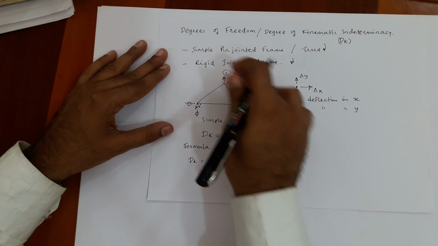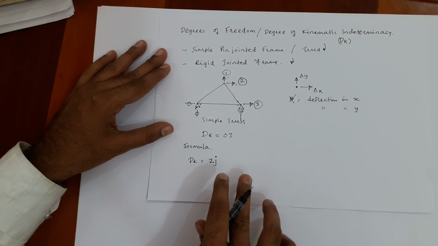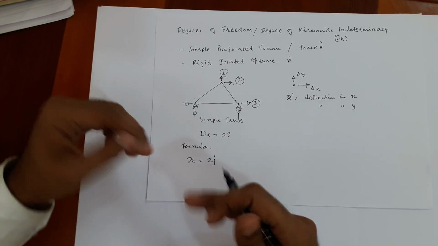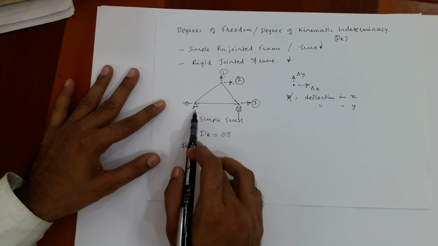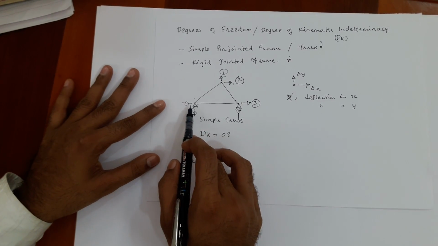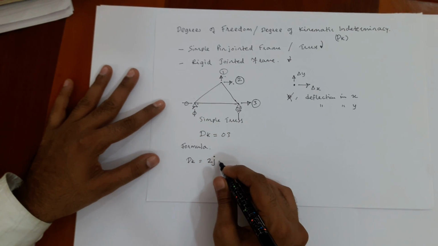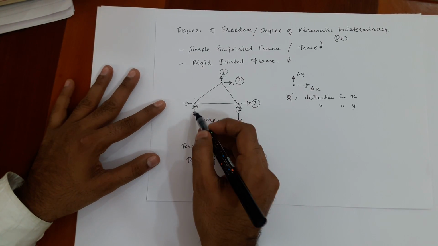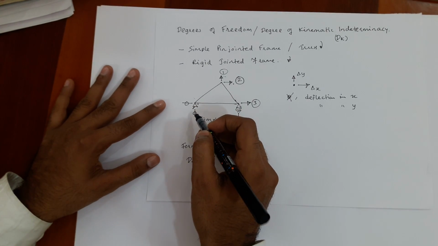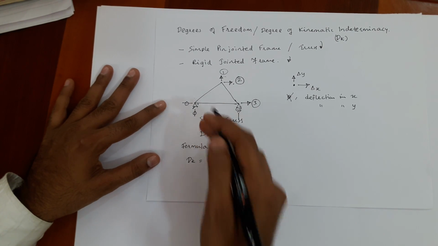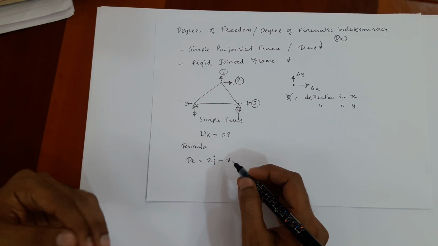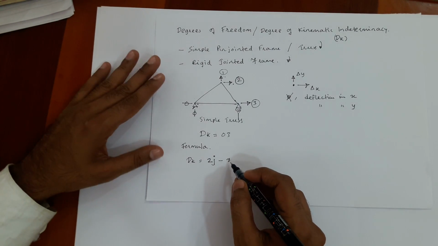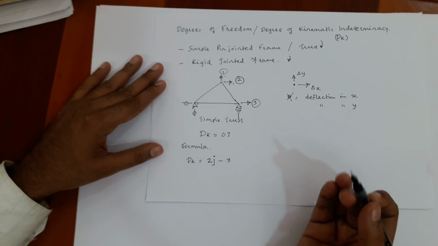And you see in the problem we have seen there is resistance to the displacement. Which component is resisting the displacement? The reaction, minus R, because here there is no displacement just because you have the reaction. Reaction is a component which is resisting the displacement. So here R is the number of reactions.